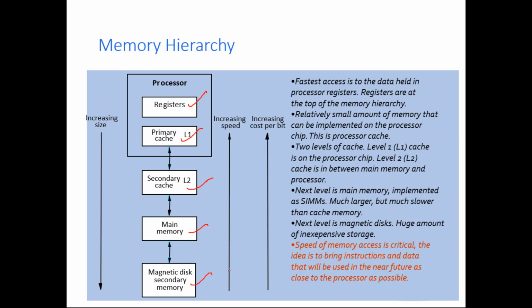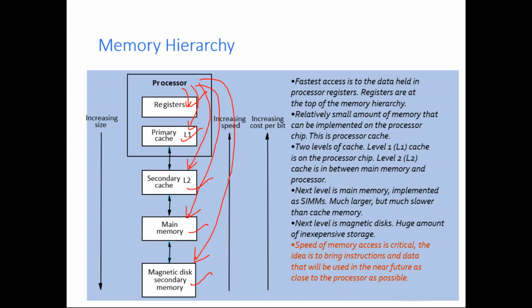Here the speed increases this way. The processor can access something in the register very fast, comparatively at a lesser speed from L1 cache, lesser from L2 cache, lesser from main memory, and it will take a long time for the slowest device, the secondary storage device.